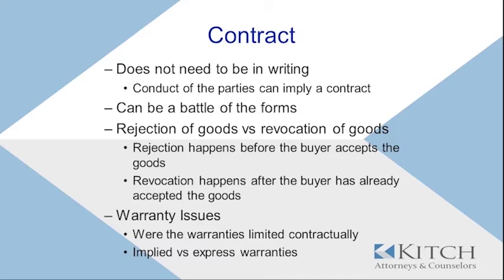The seller then says, yes, I will sell you 1,000 widgets. In doing so, they send back their own invoice for 1,000 widgets, which also has terms and conditions. So you have competing terms and conditions. You have competing forms for the contract.